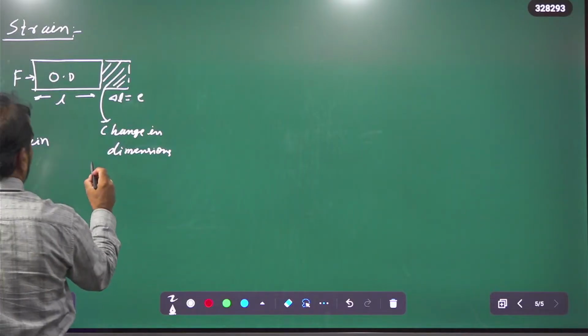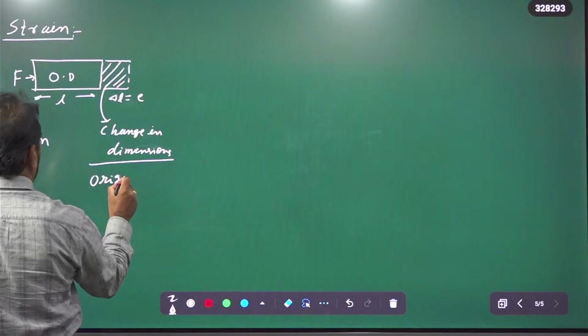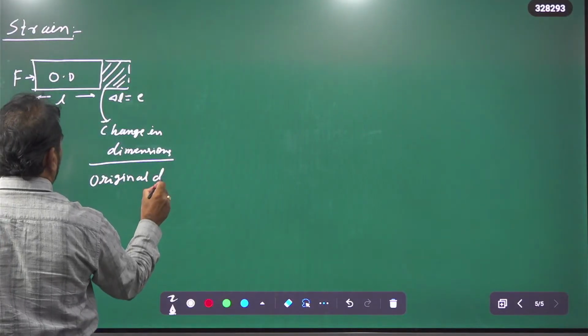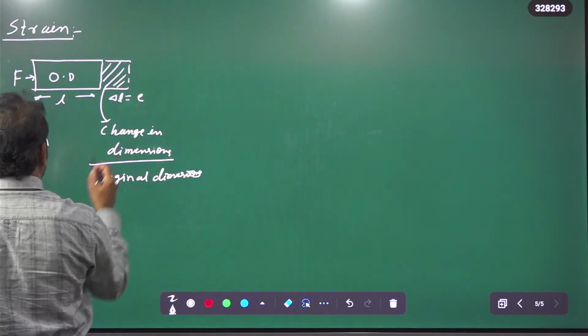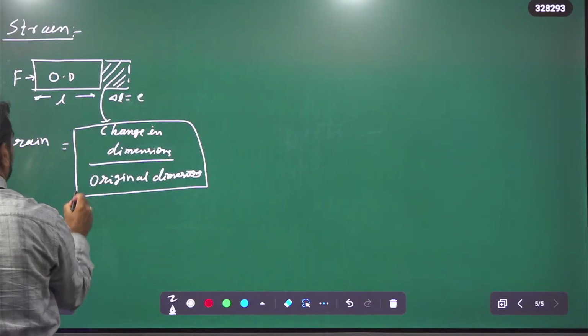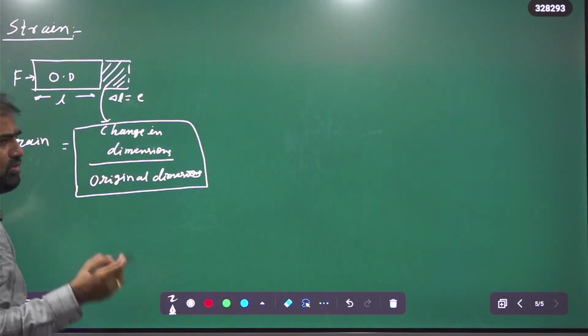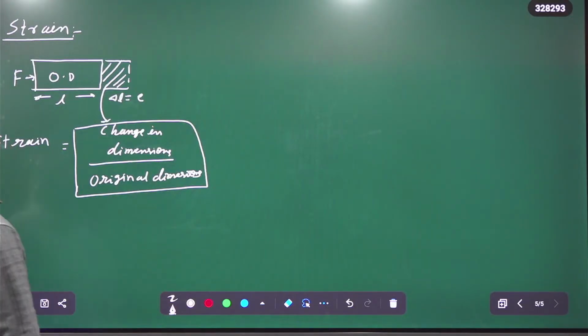Strain is the change in dimensions upon original dimensions. It has no units or dimensions because both of them are in the form of dimensions.